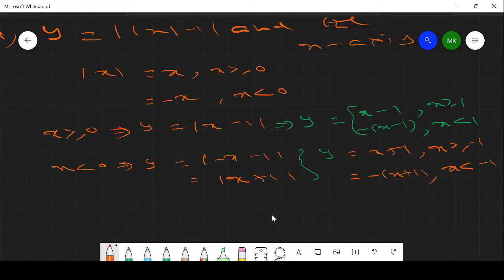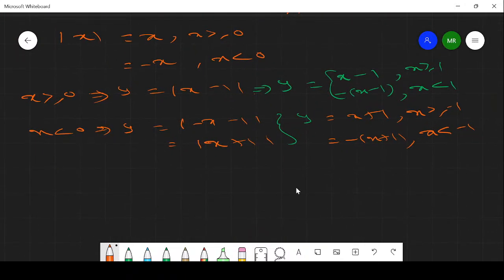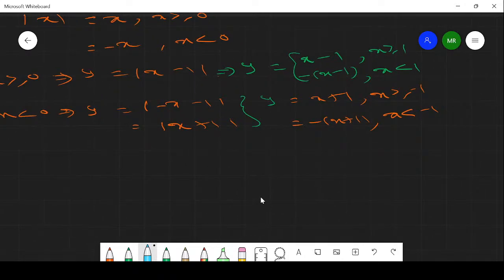Now just keep in mind, I can draw the lines now, because I should sketch the graph. That is important. You can observe here what I am doing now. Using these conditions, y equal to mod x minus 1 minus of x minus 1, first we will sketch the graph. Now it's coming a line.